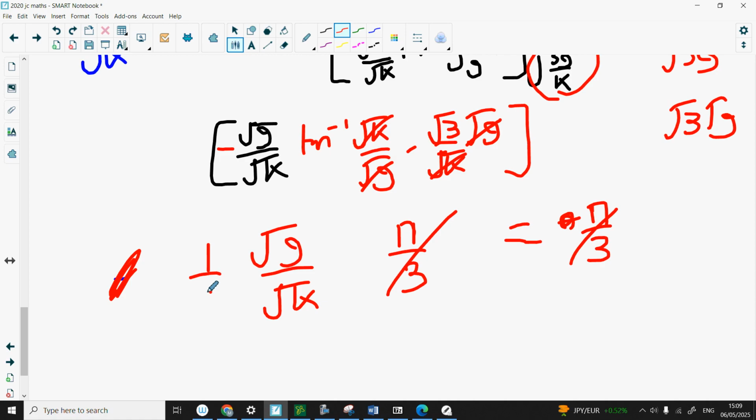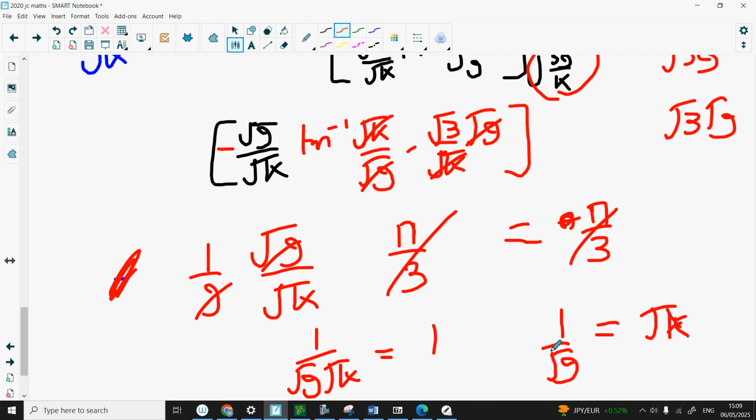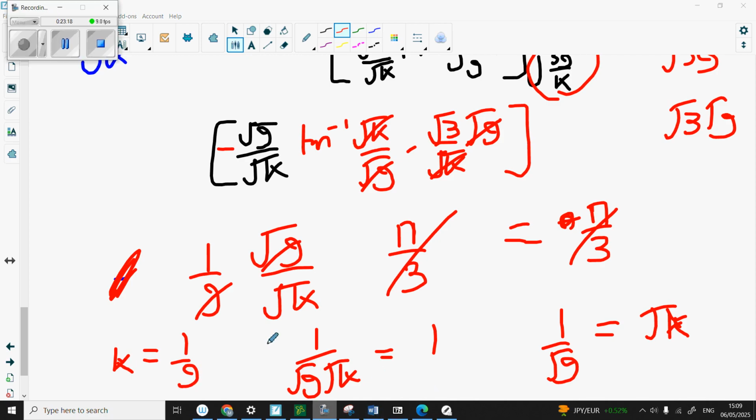So there's also a 1 over g in this whole system. And then what happens next is the g cancels out with the root g, so you get 1 over root g root k equals 1. And then finally I get root k equals 1 over root g, square both of them, I get k equals 1 over g.